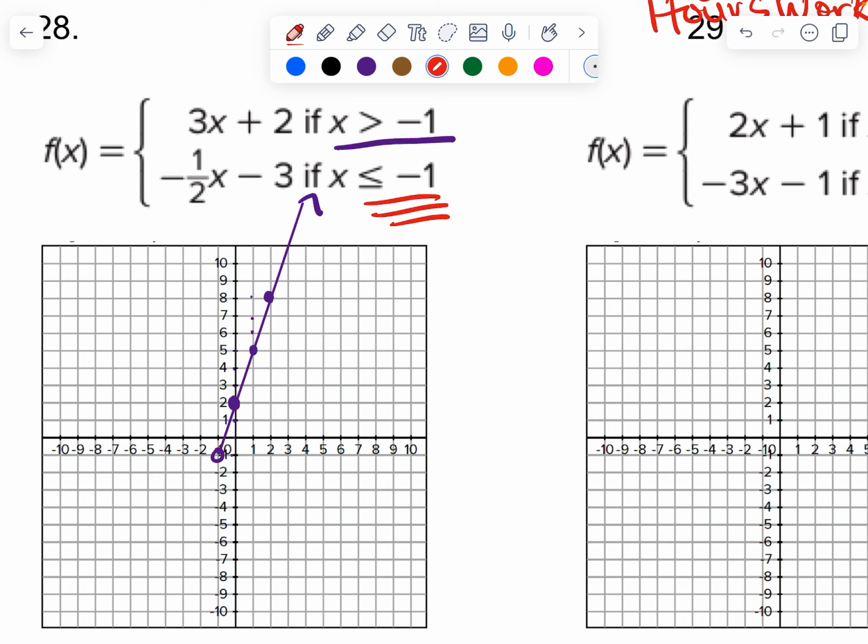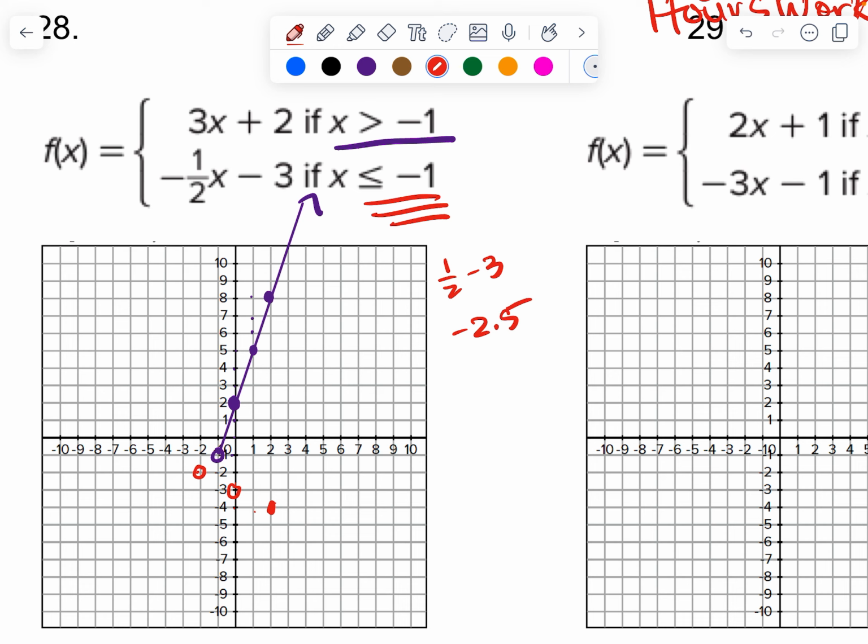Okay, so -3. Now, guys, this is one that's not going to count. I have to go down 1 over 2. Oh, up 1 over 2. Okay, so I want it to be -1. I need to know how much of this is going to be at -1. So that's 1/2 minus 3, so that's -2.5.